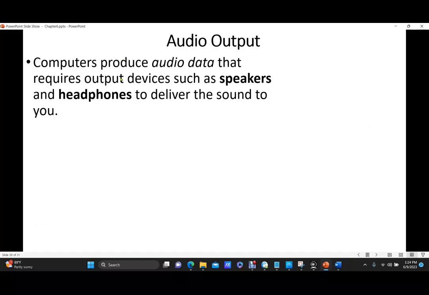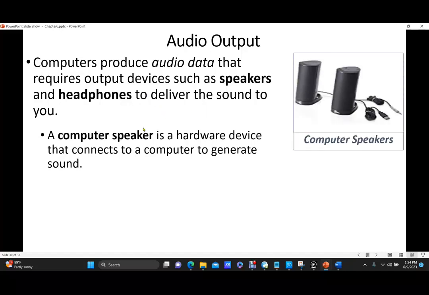Computers can produce audio data, and audio data requires an output device like a speaker or a headphone to deliver the sound to the user. A computer speaker is a hardware device that connects to the computer to generate sound.